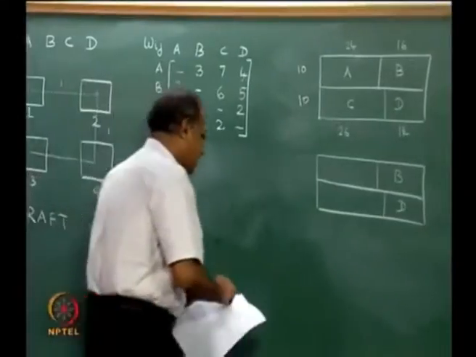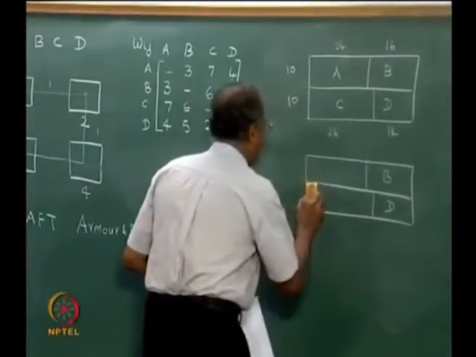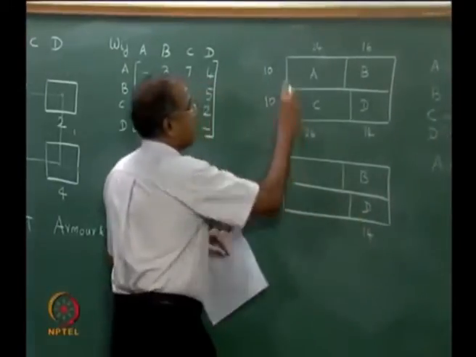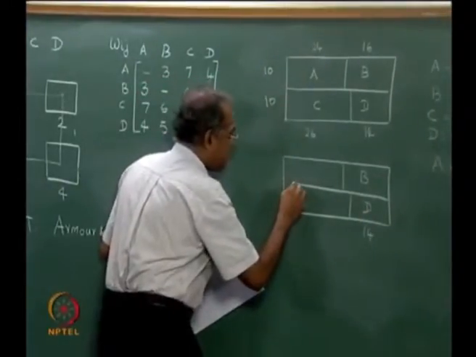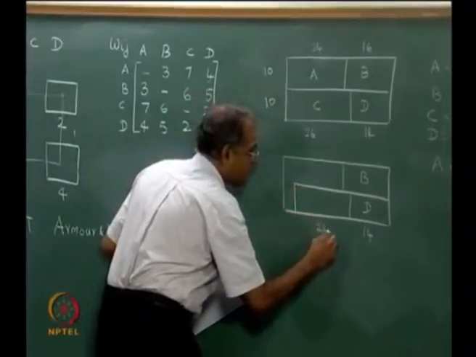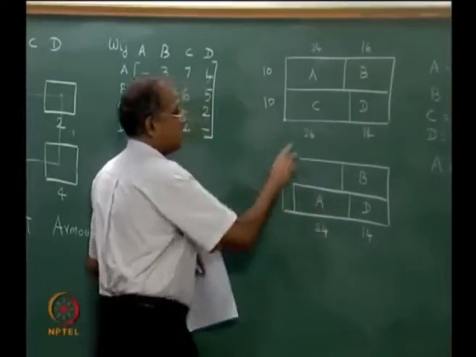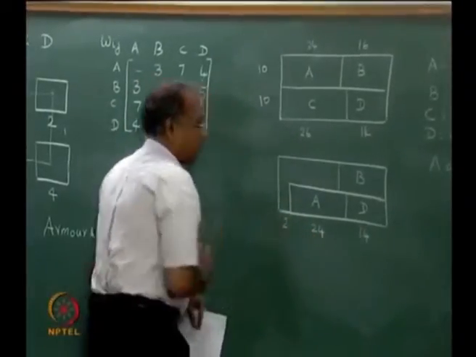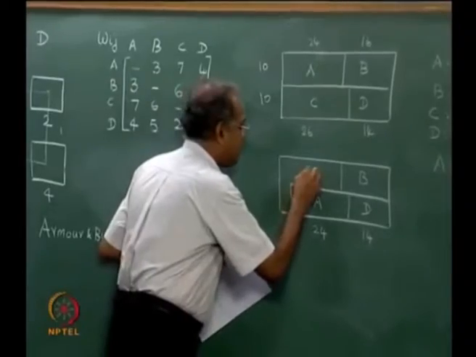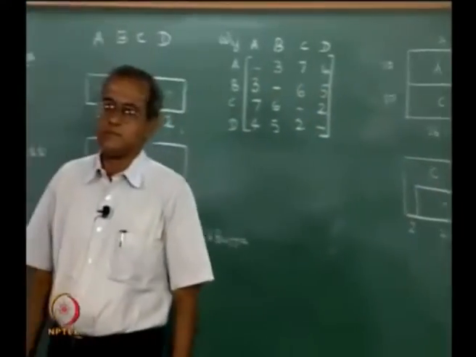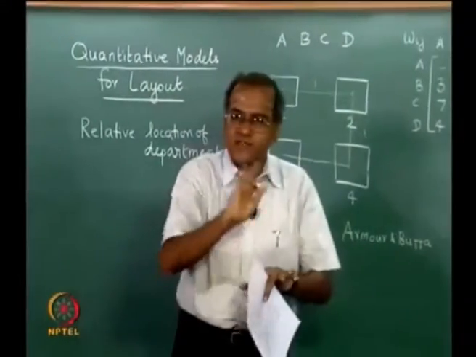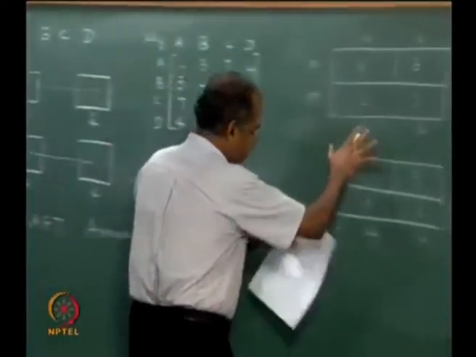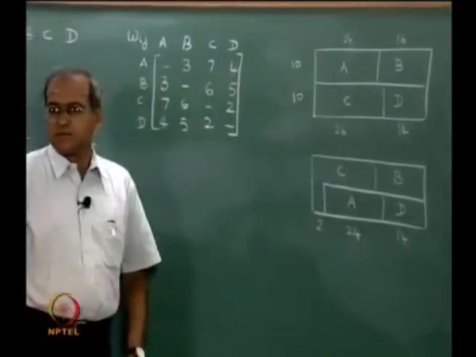So, what we will do now is we will try and put A here. Now this is 14, A is 24 by 10, so I will take another 24 for A, this is 40, so 24 plus 4 is 38 plus 2 is 40, and C will now come here. Now C loses its rectangular area, now it is actually made up of two rectangles which are like this.